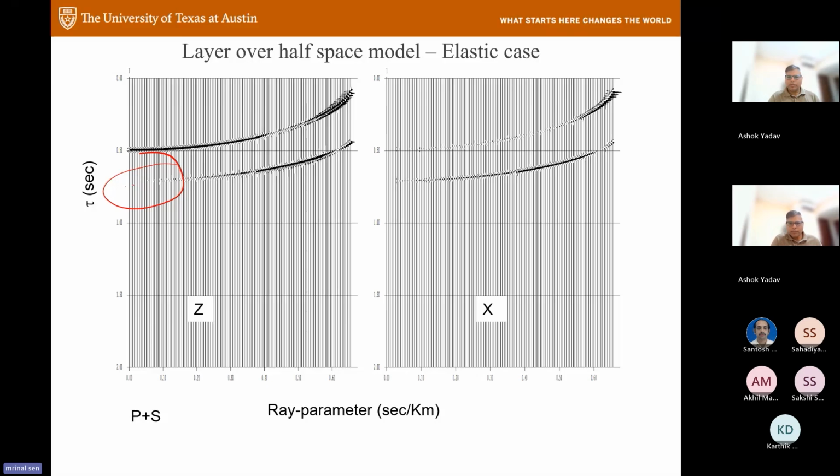That's why you don't see any shear here. And this is the shear wave arrival here. You can see a very clear difference in the moveout. Why is that? It is because the shear velocity is slower than the P velocity, and the curvature depends on the velocity.